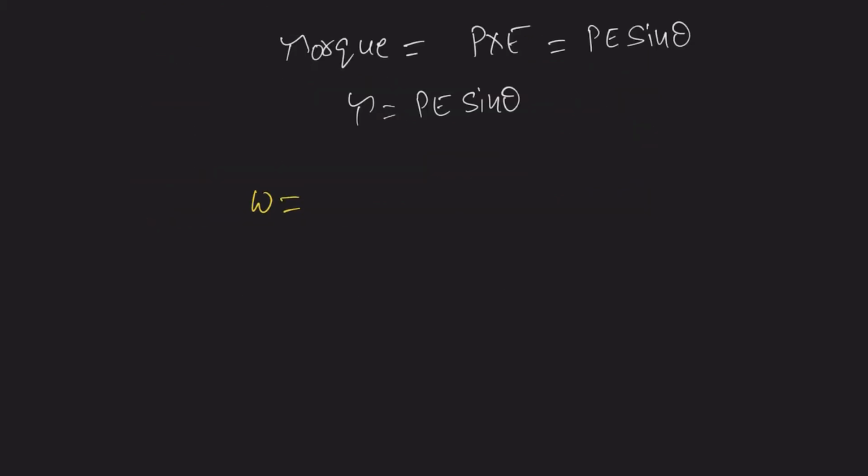Work done formula, integration F dot dr. Lower limit is R1, higher limit is R2. Now the motion is in rotation motion. So these terms are compared in rotation motion.